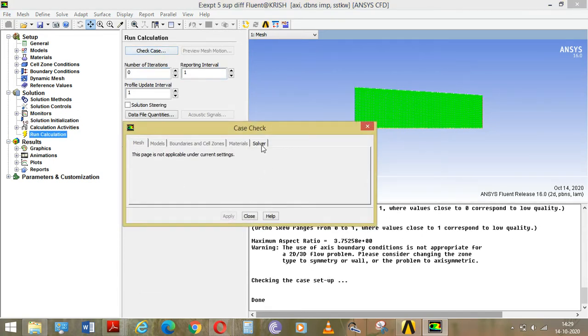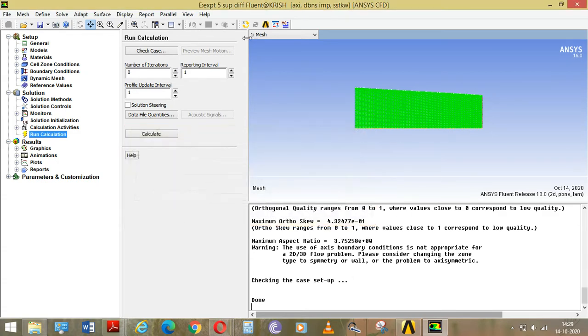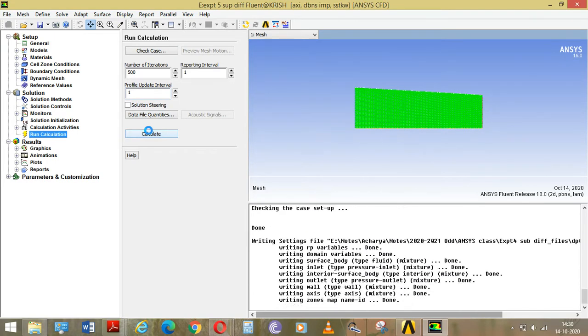Check your case. It is telling me to use second order equations. I don't need that. I'll just initially give 500 iterations.